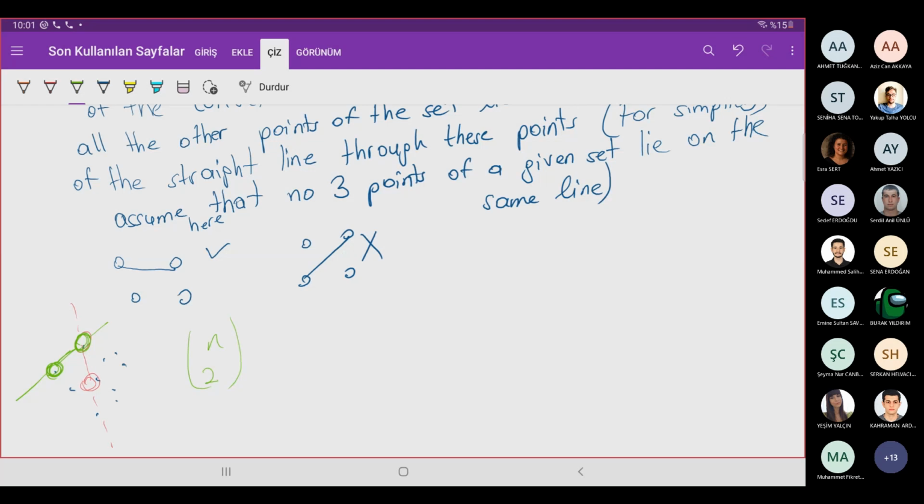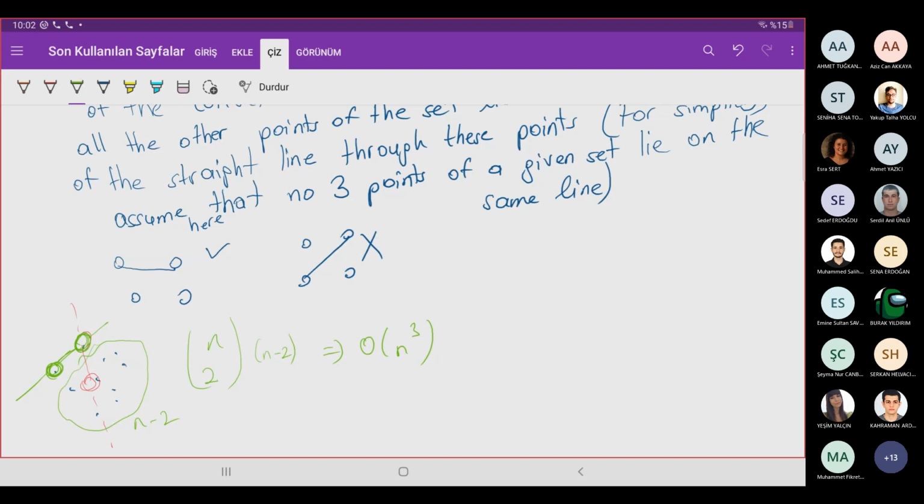So how many remaining points are there? N minus 2, right? So I check whether all of these n minus 2 points lie on the same side of the line. That has an n minus 2 component also, which makes the total complexity n cube as opposed to n square.